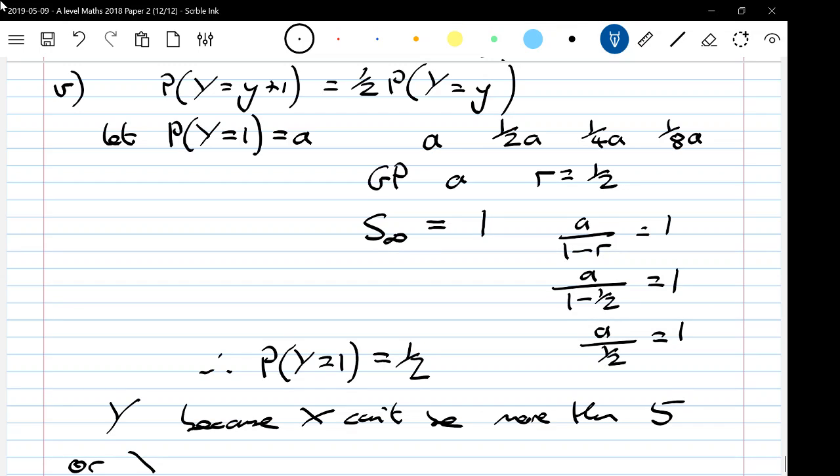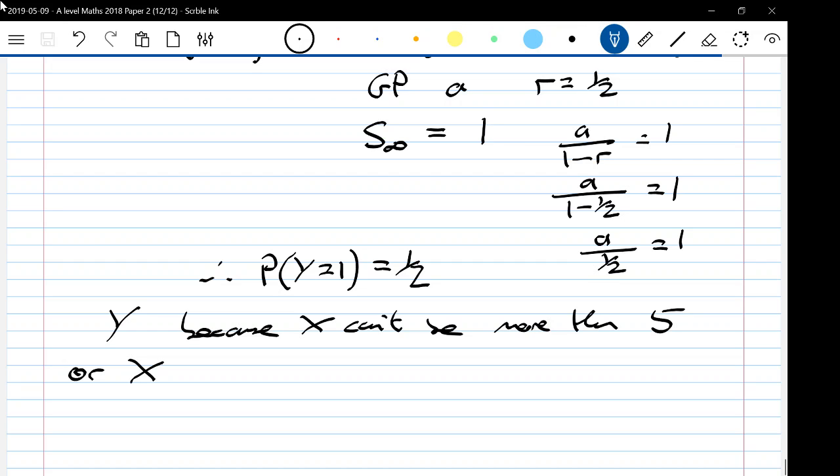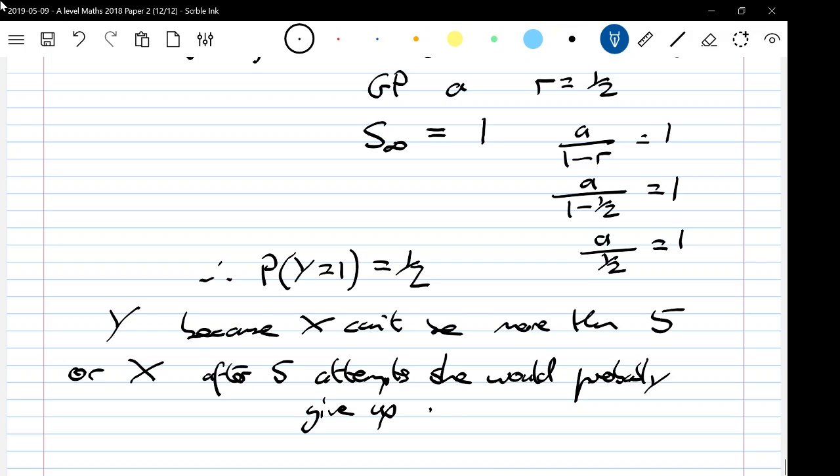Or you could say X. In fact, when I did this paper, I said X. And my reason for X was that any normal person, after you've made 5 unsuccessful attempts to start the car, is going to give up and walk or get the bus. So after 5 attempts, she would give up and walk instead.